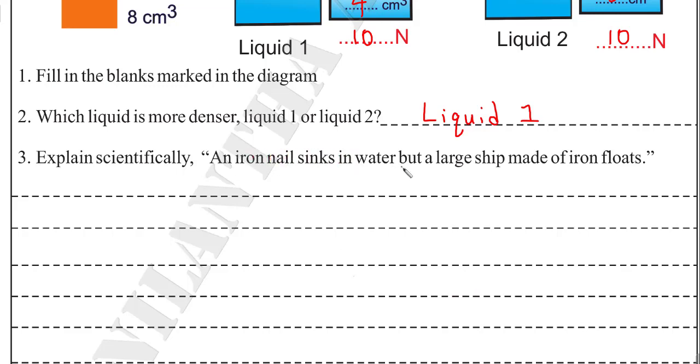An iron nail sinks in water, but a large ship made of iron floats there. What happened, children? How can you explain? Has anybody answered it, children? If you have answered, you tell.